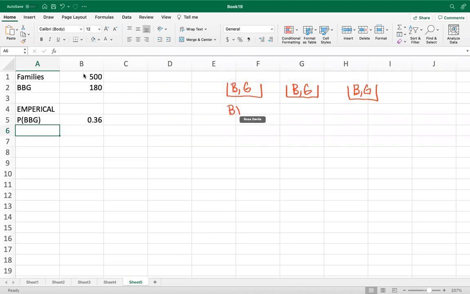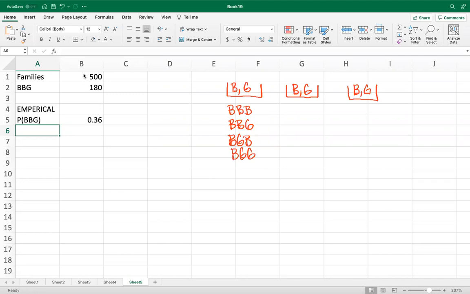So boy, boy, boy, that's one possibility. Then we could think of the possibility of the first 2 being boys: boy, boy, girl, and also the middle child being a girl, boy, girl, girl, or boy, girl, boy, then boy, girl, girl. And that's all the different ways that we could have children with the first one being a boy.